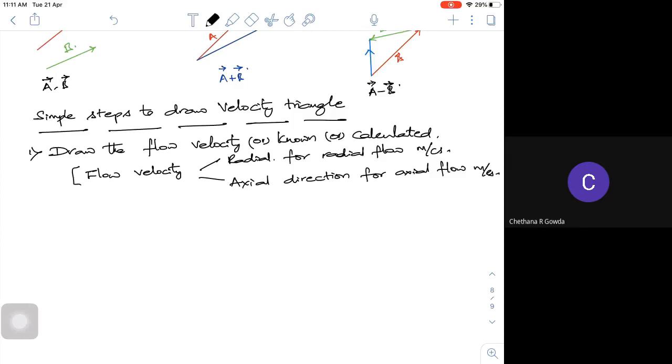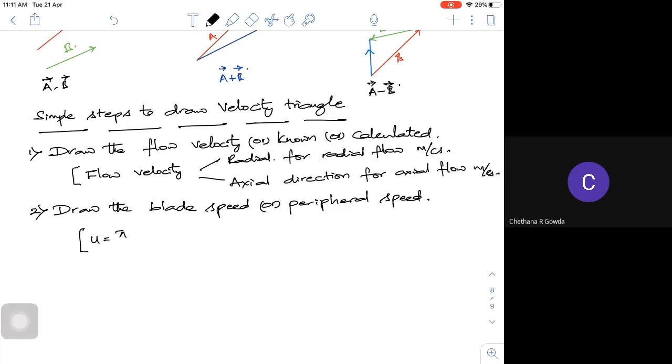Fine. Next, draw the blade speed or vane speed. I think some books call it peripheral speed. Fine. What is it actually? This is given by the formula U is equal to pi d n by 60.